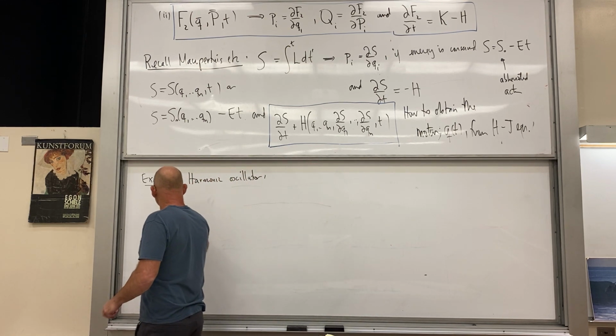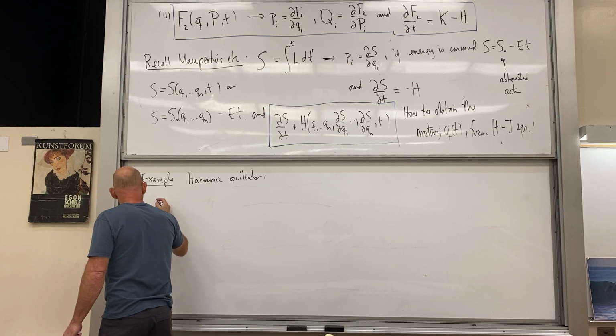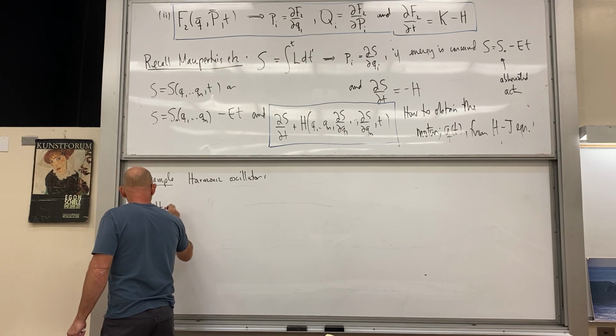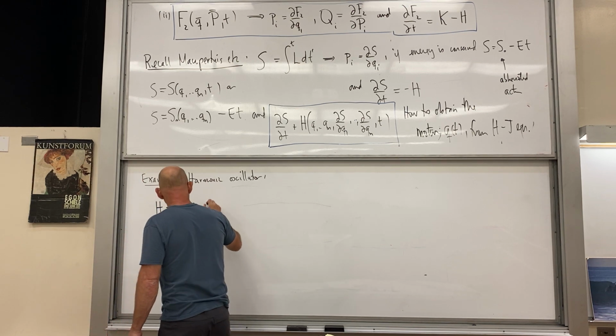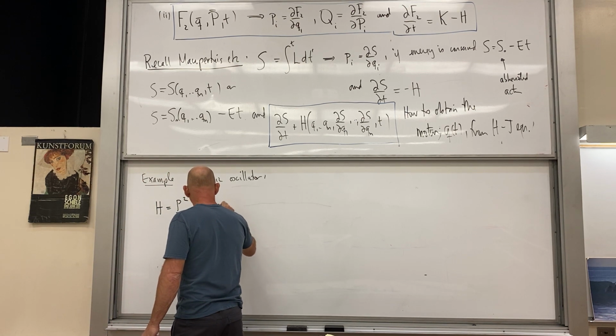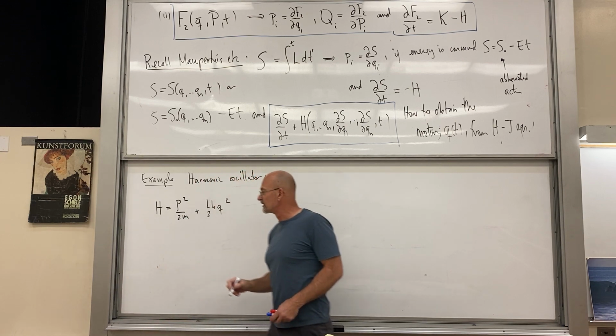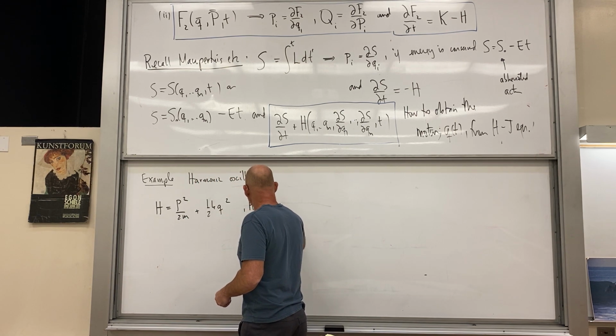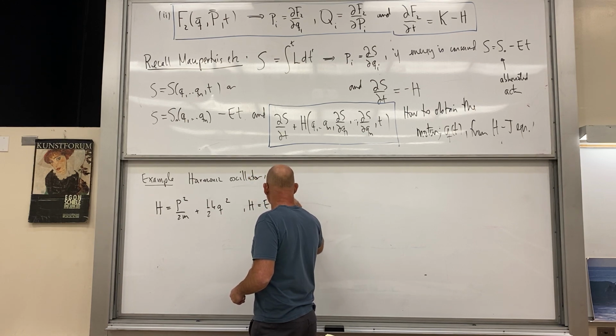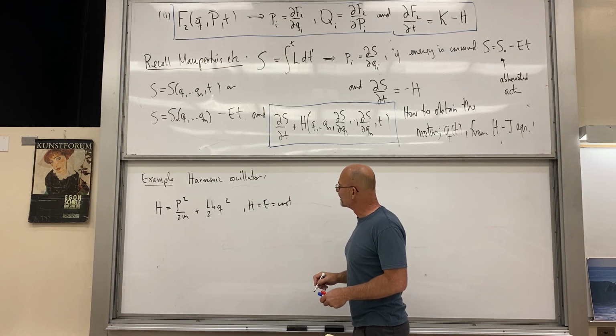Let's remind ourselves: the harmonic oscillator has the Hamiltonian p squared over 2m plus 1/2 k q squared. So there's a Hamiltonian, and H equals E is constant. We know that as well.